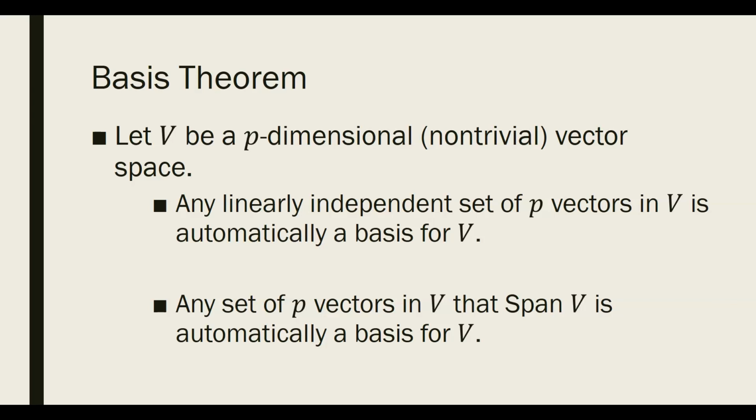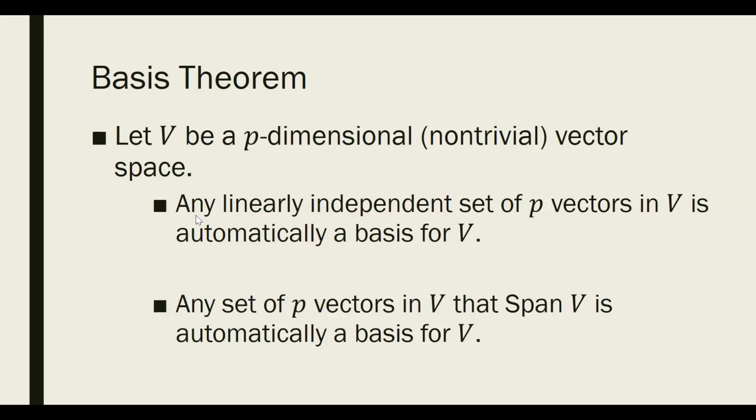So if I just have a vector space V with dimension P, and we want this to be a non-trivial vector space, we actually want P to be more than 0, so 1 or more. The trivial subspace we want to ignore as much as possible. So we let a vector space be p-dimensional, all right?